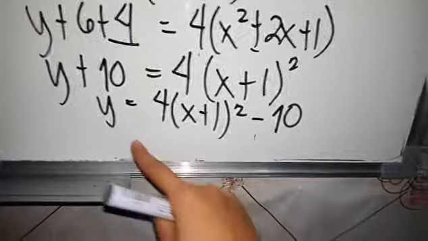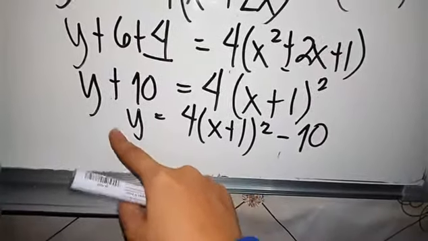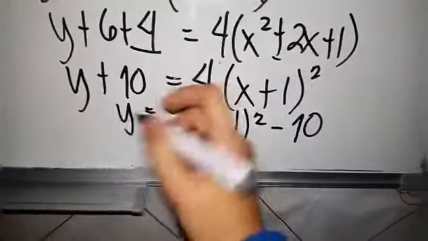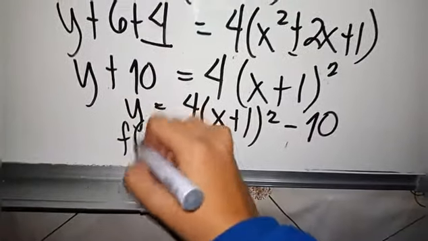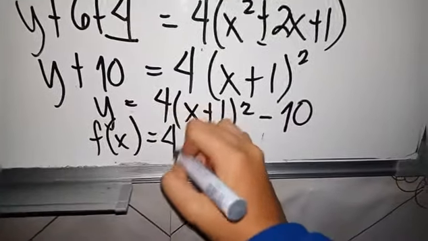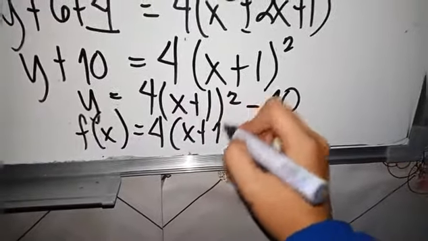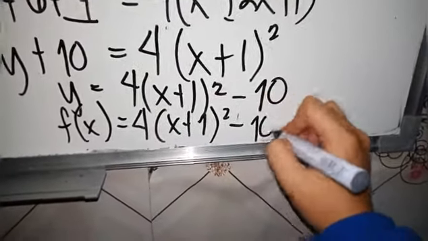Then, since yung ating f of x kanina ay ginawa nating y, ibaliktad lang natin siya or gawin lang natin ulit siyang f of x. Then, i-rewrite lang natin. Square minus 10.